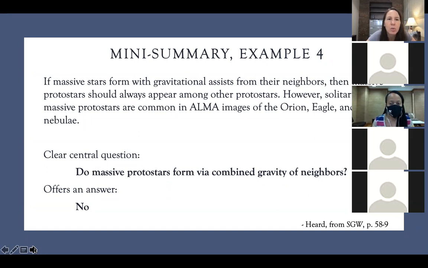So I'm going to give you all a little bit of time to work on writing up a mini summary, just to give you a moment while it's fresh in your mind to apply this to your own work.